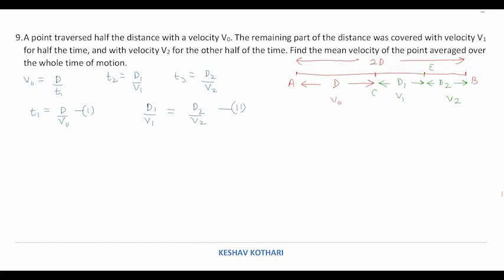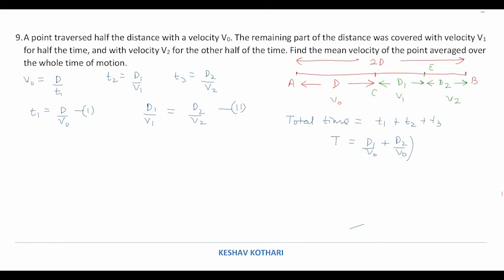So from here we can say that the total time can be written as T1 plus T2 plus T3, which we write as capital T equals D1 by V0 plus D2 by V0.